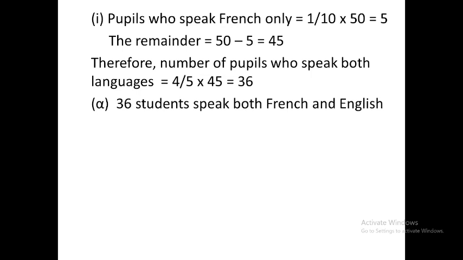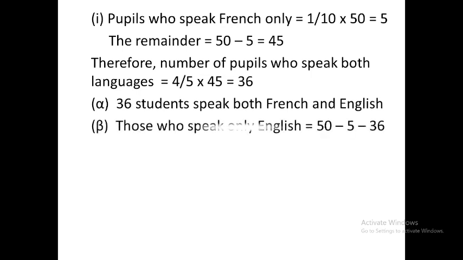Subtract the 5, which is for French only, and then 36, which is for both languages. And so that becomes 50 minus 5 minus 36, and that will give us 9. We need to represent the information on the Venn diagram, which is the last one.